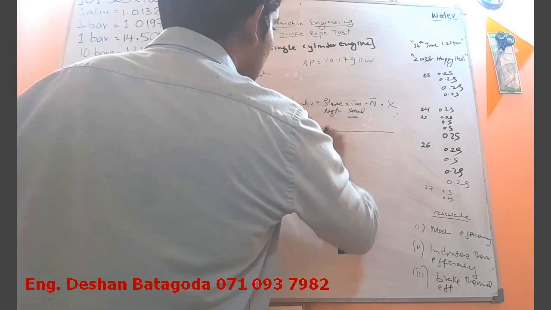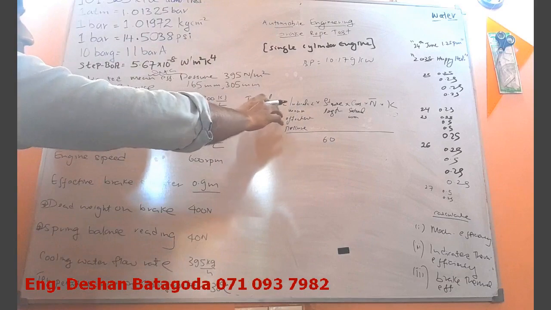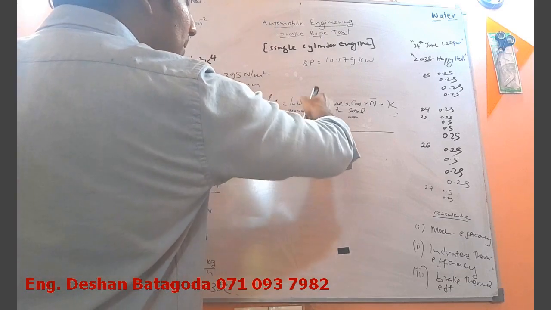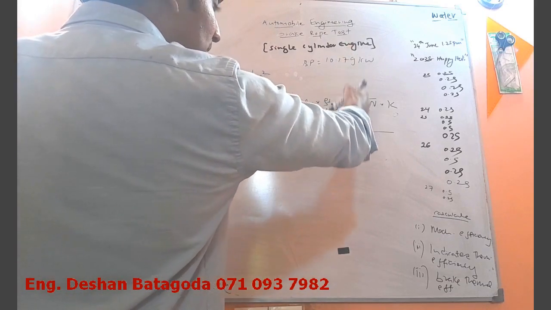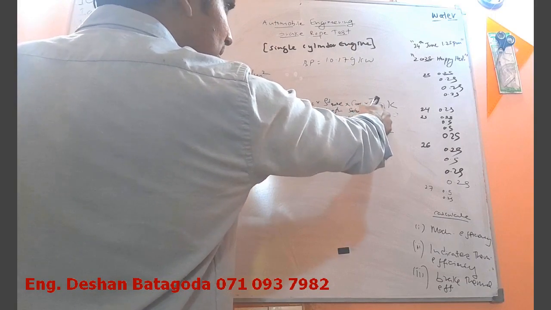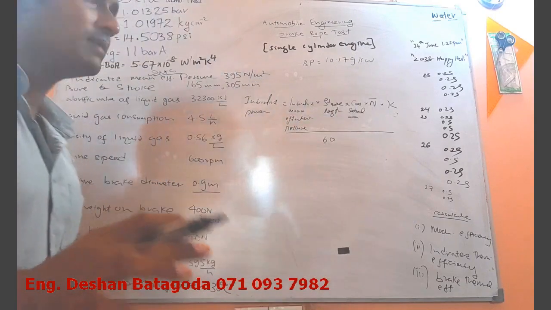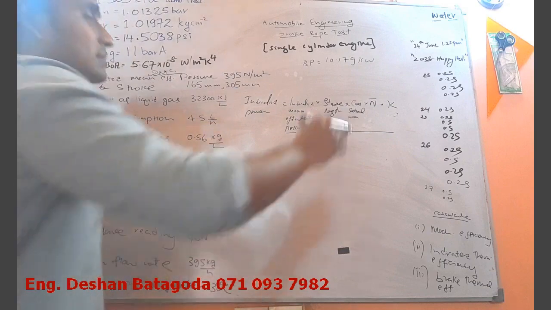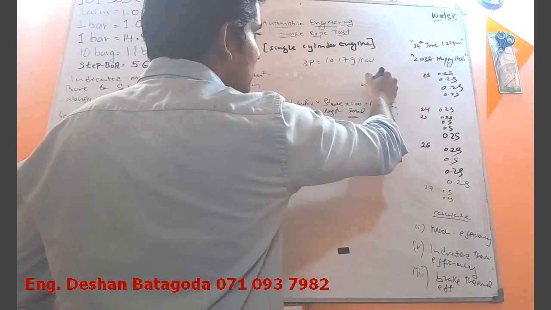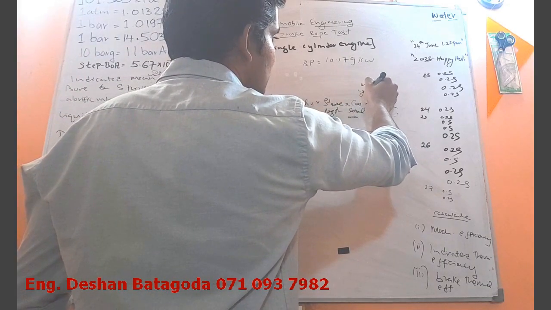I will again teach you that indicated power equals indicated mean effective pressure multiplied by stroke length, then cross sectional area multiplied by N bar times K. Now here K means the number of cylinders.